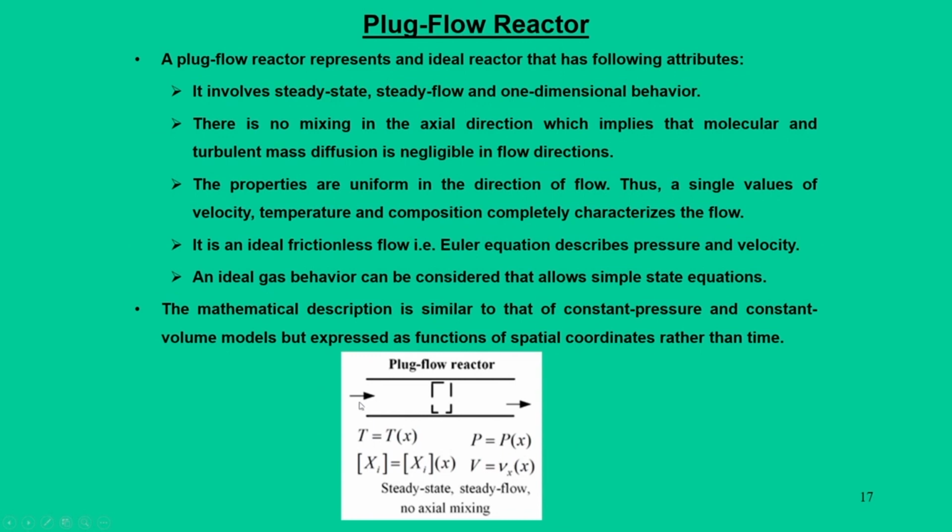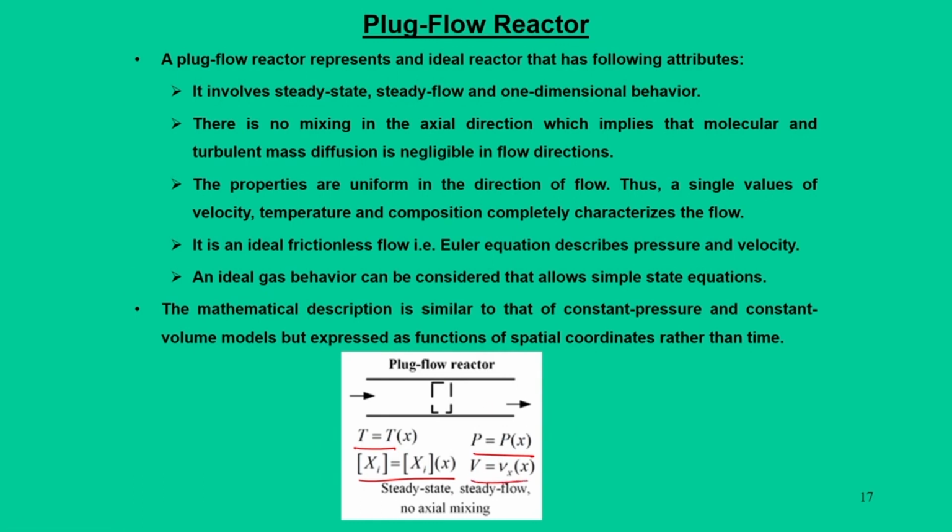Either the flow can be a mixture of reactants as well as products, or air can be entering and fuel being spread into this medium. Such situations are modeled through plug flow reactors. The assumption is that temperature, pressure and concentrations vary only in one particular direction.